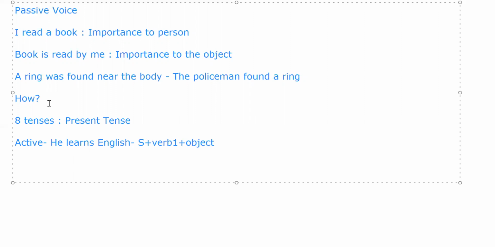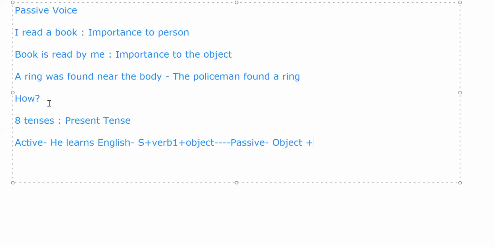Now when we are going to convert that into the passive voice, as I've said, the object will get more importance. So we will place the object in the beginning, and then we would introduce some helping verb.